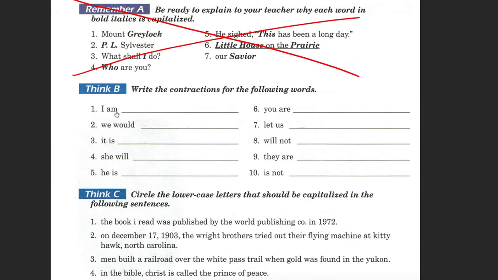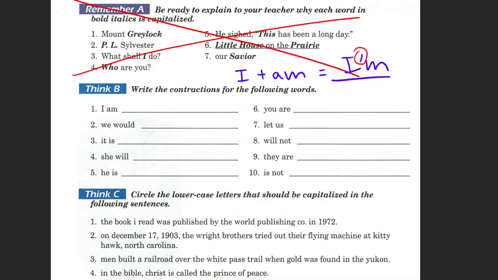Contractions are very easy. Pretty much contractions are just 2 words put together. For example, I plus am. If I smush them together, it makes I'm, right?